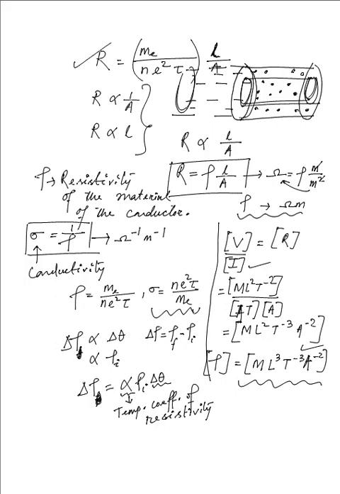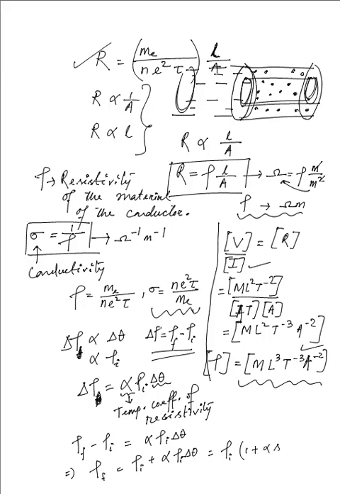So as I had mentioned over here, del rho being equal to rho final minus rho initial, I can put that over there: rho final minus rho initial equals alpha times rho initial times del theta. So I have rho final equal to rho initial goes to the other side, and I have alpha rho initial del theta, and this will obviously be equal to rho I times 1 plus alpha del theta.